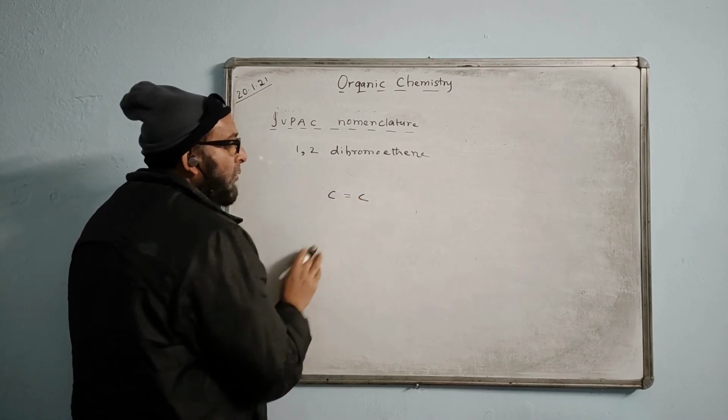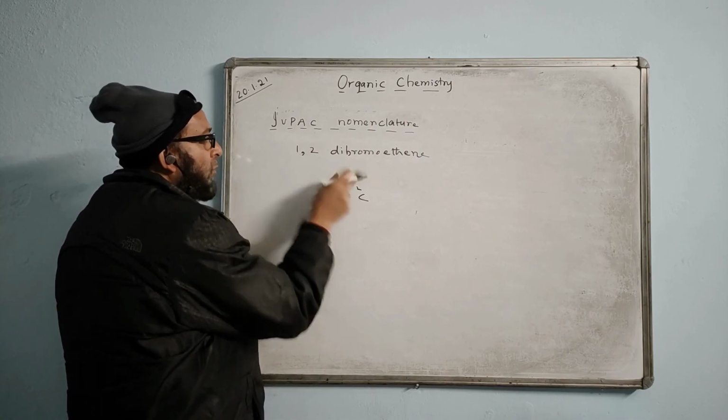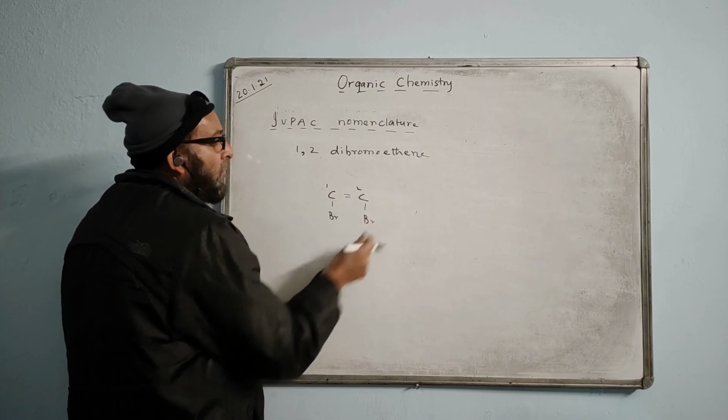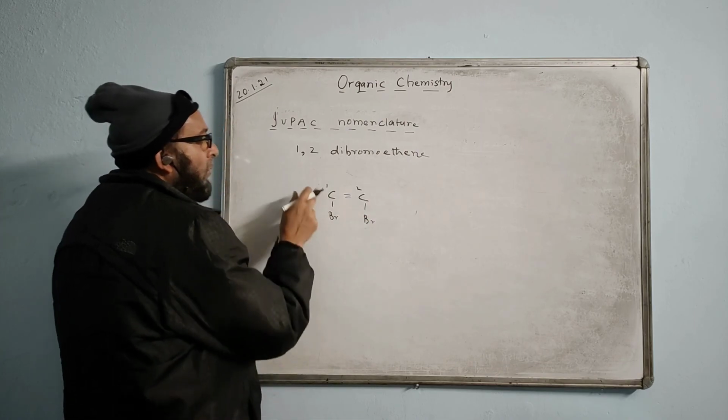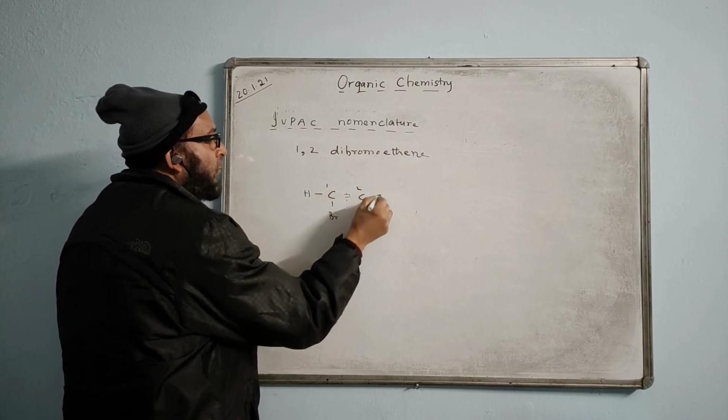Ene is the double bond. Give the number 1, 2. 1 also should have bromo, 2 also should have bromo. 2 bromos. And to complete, on 1 and 2 you put H on the remaining bond.